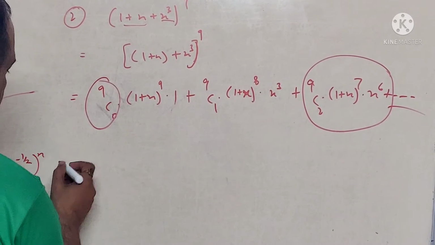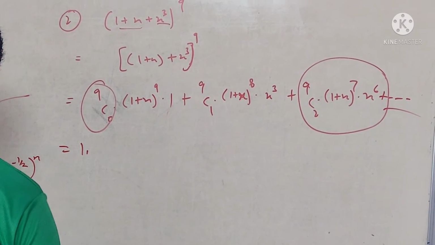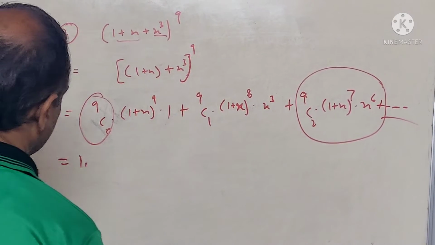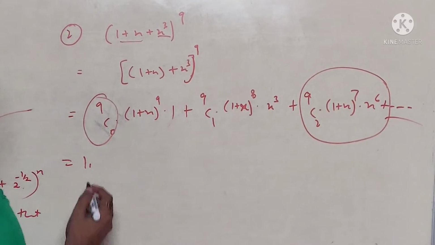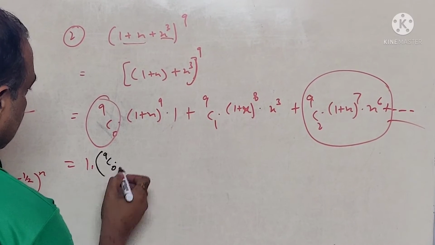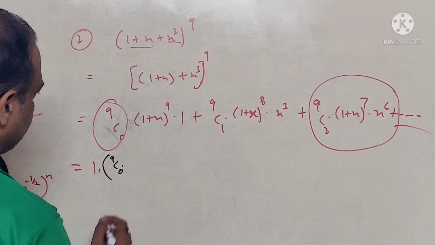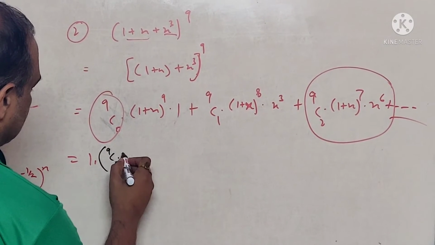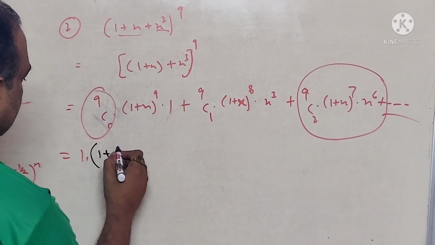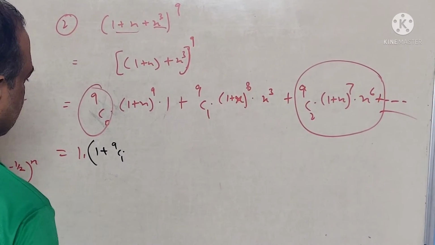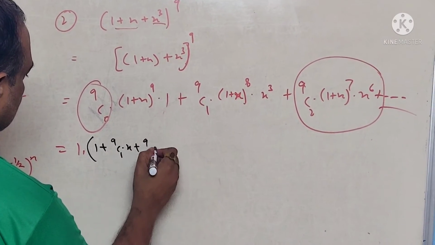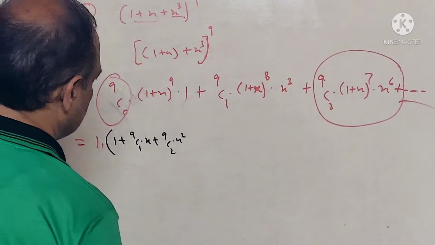This 9c0 will give you 1. And we have to expand (1 plus x) raised to power 9. How much will it give us? It will give us 9c0 into x raised to power 0, it will give you 1, plus 9c1 into x raised to power 1, plus 9c2 x raised to power 2.